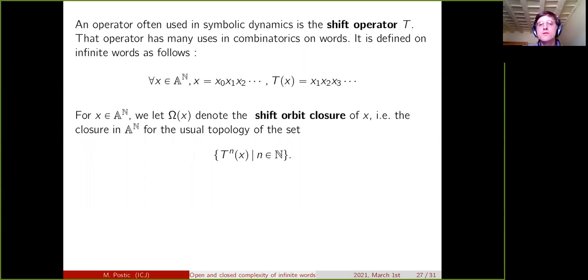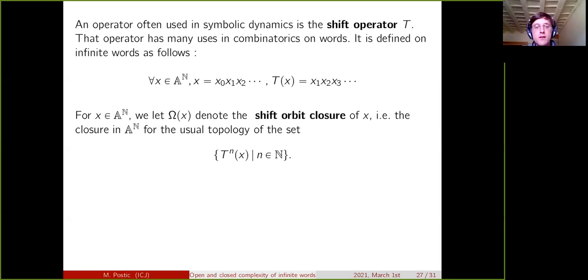And the shift orbit closure is the closure, under the usual topology, of the set of the orbits of the word under the shift operator. What interests me in the shift orbit closure is that every word in the shift orbit closure of x has a set of factors which is a subset of the set of factors of x.